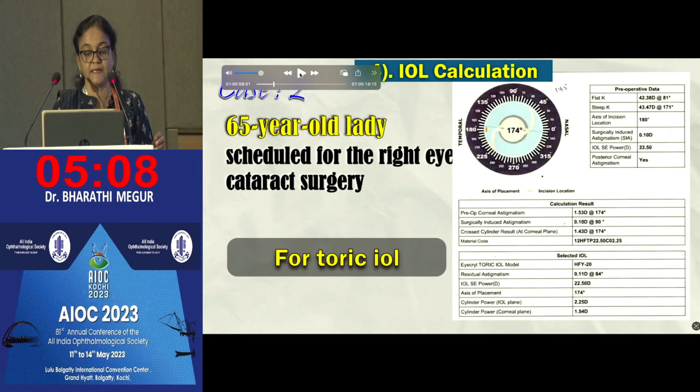This patient had chosen an Indian Toric. These IOL manufacturers themselves have their own Toric formulas, and finally we obtained a Toric lens which had to be implanted at a steep axis of 174 degrees, and the patient did well and obtained 6/6 vision.